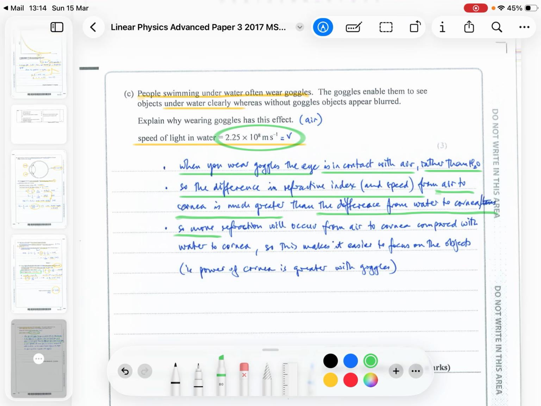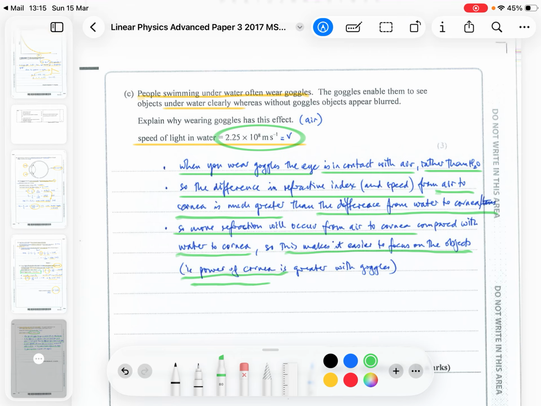Okay, so more refraction will occur from air to cornea compared to water to cornea. So this makes it easier to focus on the objects. Basically, you have more power in the cornea if it's coming through air first.